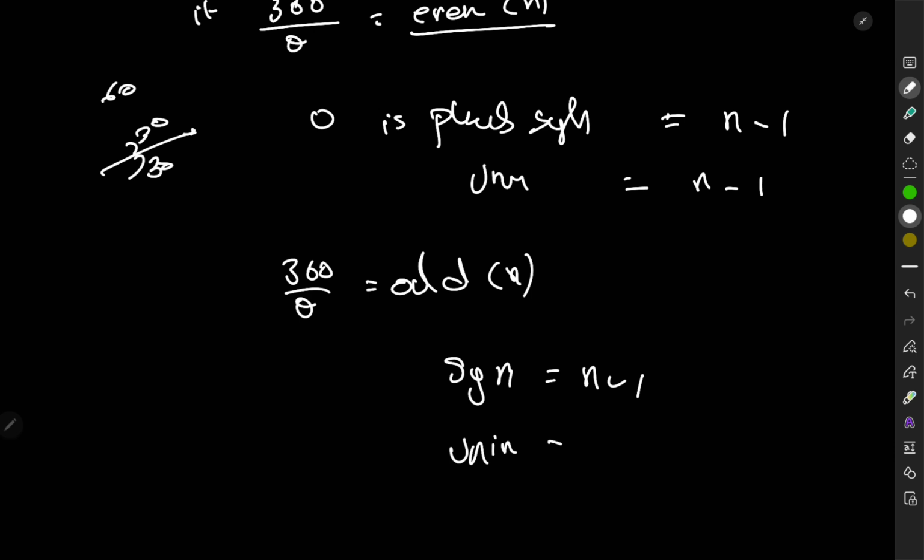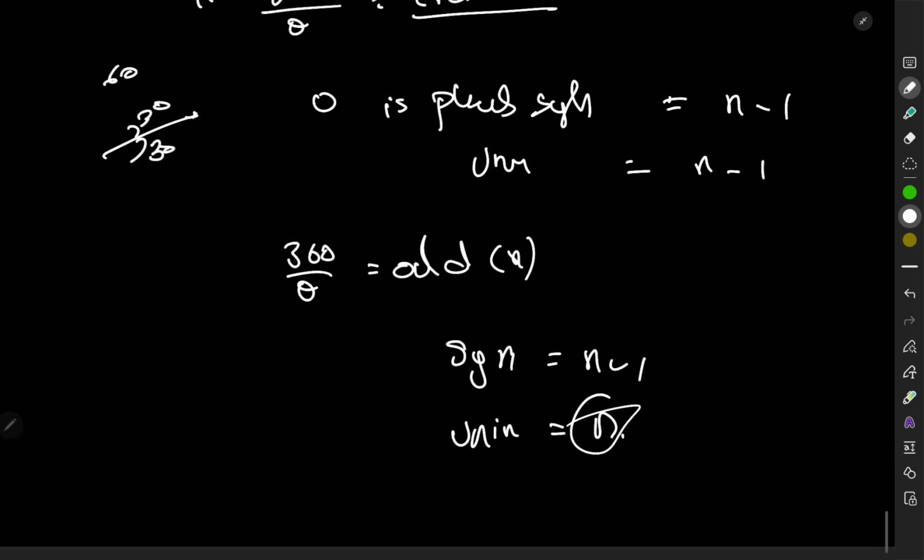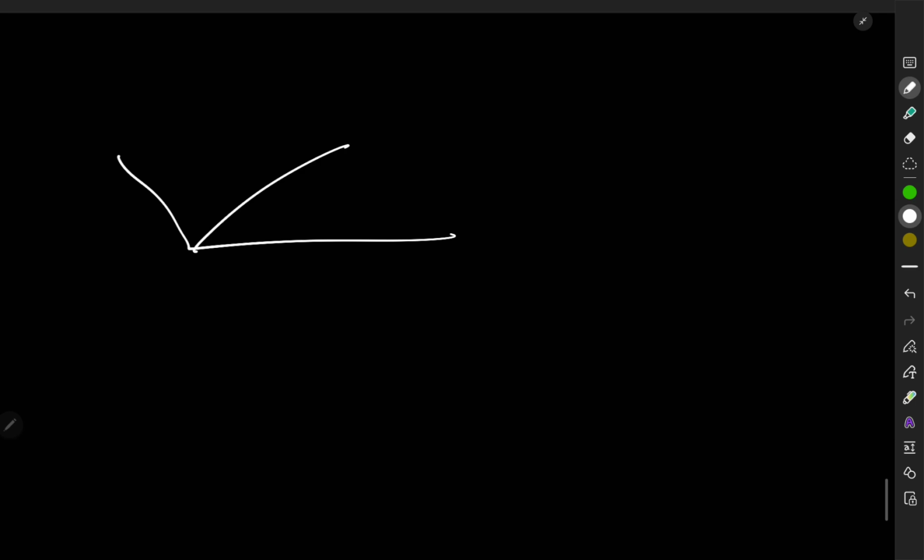Just let me give an example. 60, 60, 360 by 120, right, which is even, okay, even n, and it is symmetric. So n minus 1. So what is this? 3, right? So 3 minus 1, 2 images will be formed.